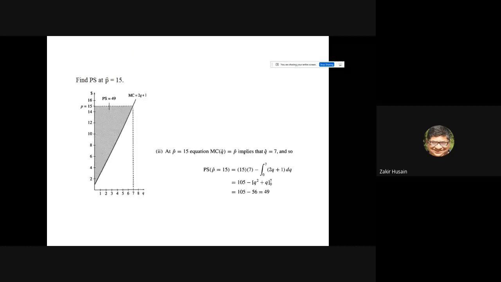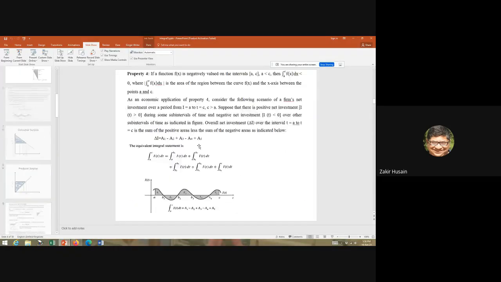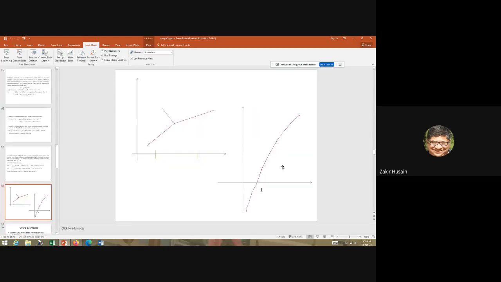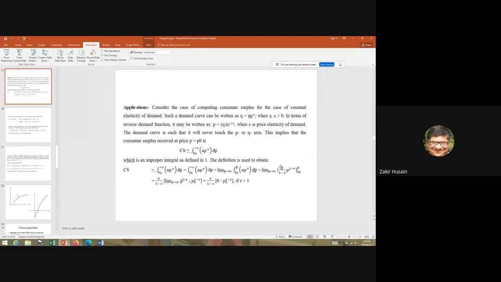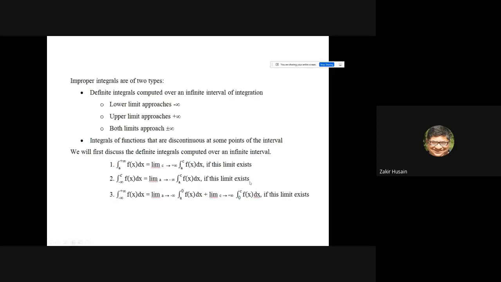So we are applying this rule. We are summing up two areas. This was the interval A to C, so this is 0: A to 0, 0 to C. Got my point?